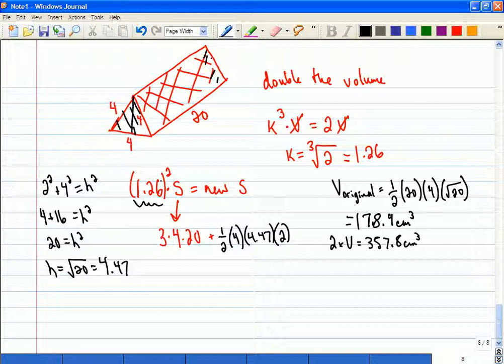Okay, and then our job was to figure out how the proportions would have changed. So we would have had to say 178.9 was the original. Because it's volume, I would take the scale factor cubed and make that 357.8. So that means the scale factor cubed is 357.8 over 178.9.